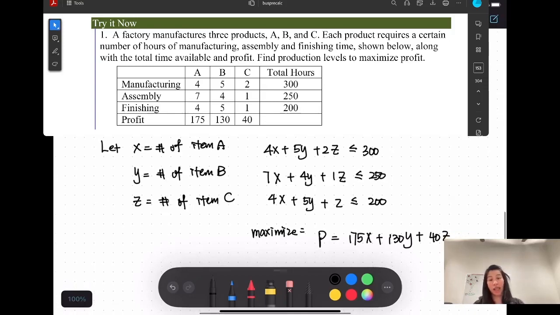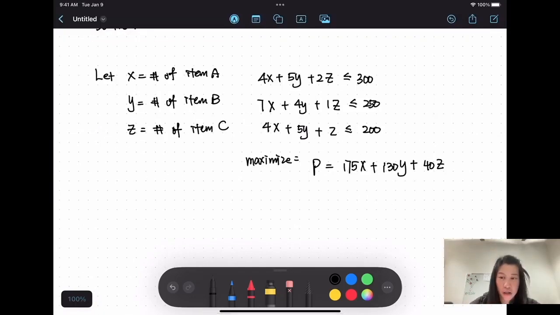So here is the setup for our maximize equation. If you want to solve it by yourself, you will end up with an optimized solution with decimals.